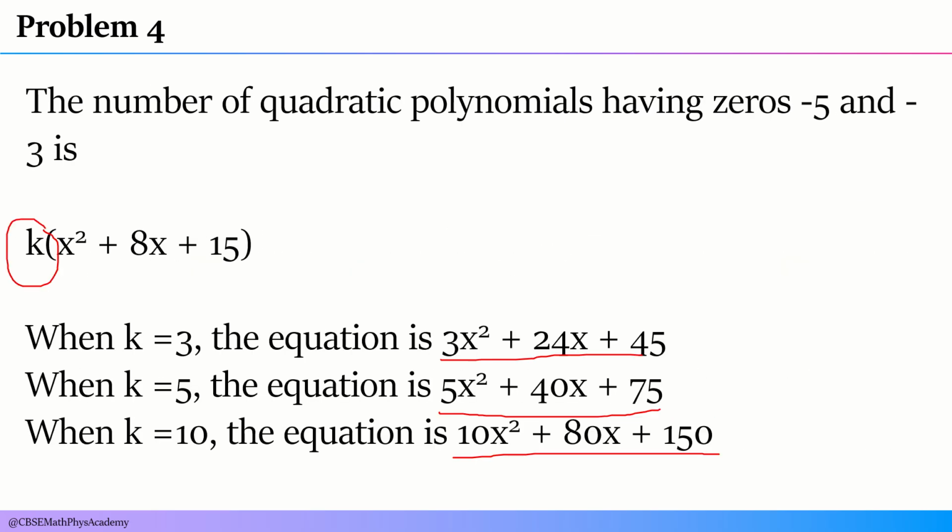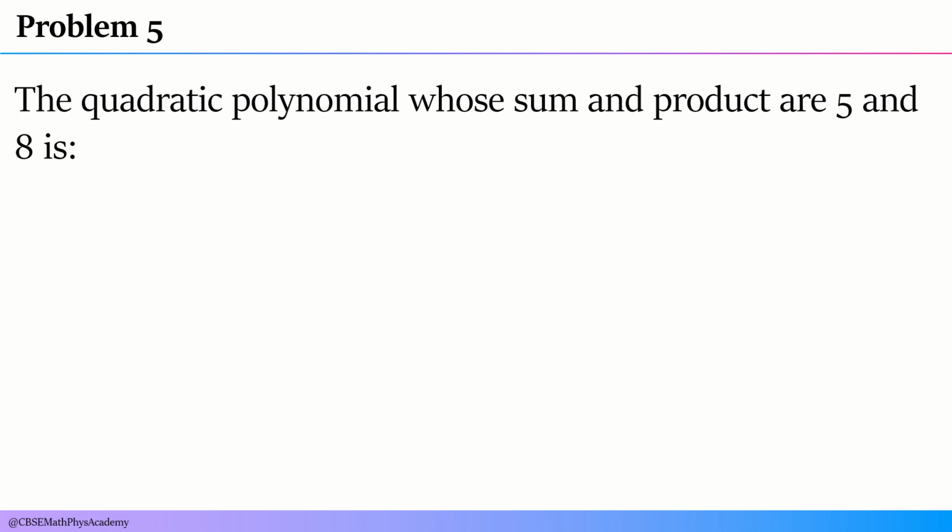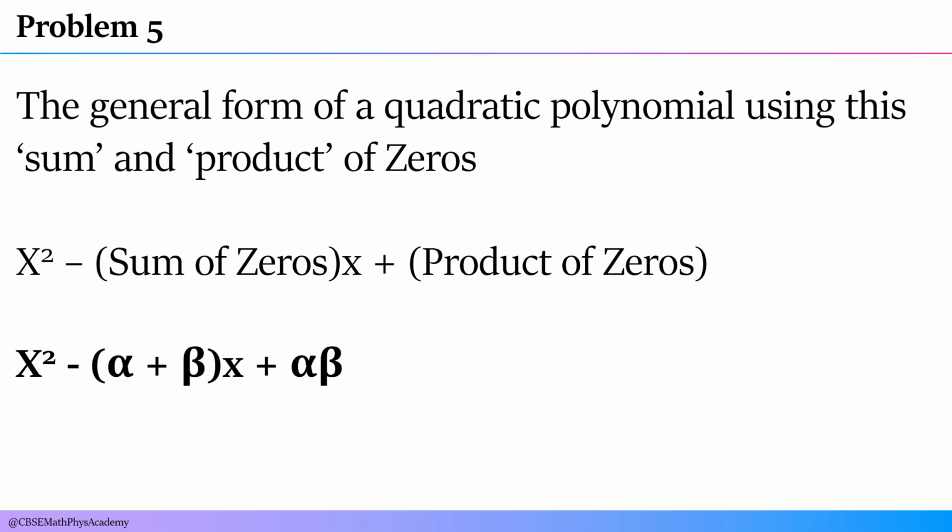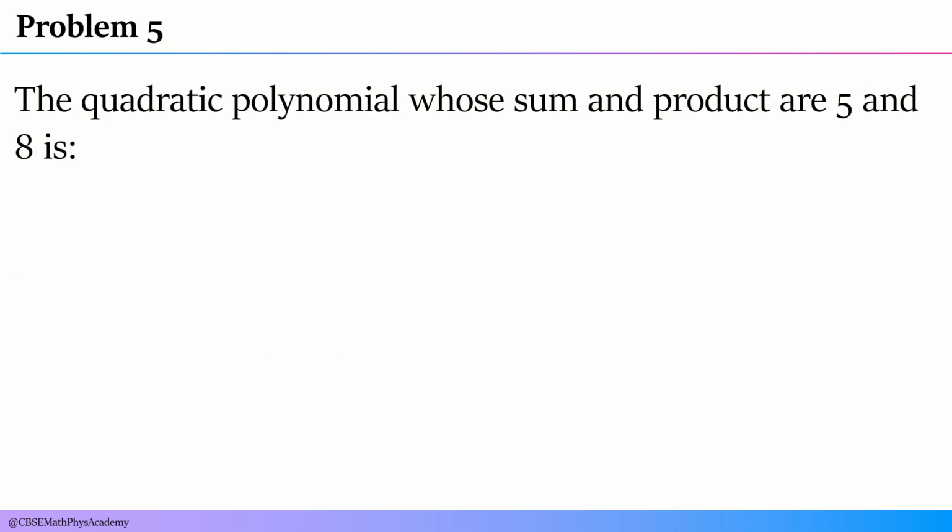So now let us move to the next problem, problem 5. This is a slightly twisted version. They are asking you to find the quadratic polynomial whose sum and product of zeros are 5 and 8.